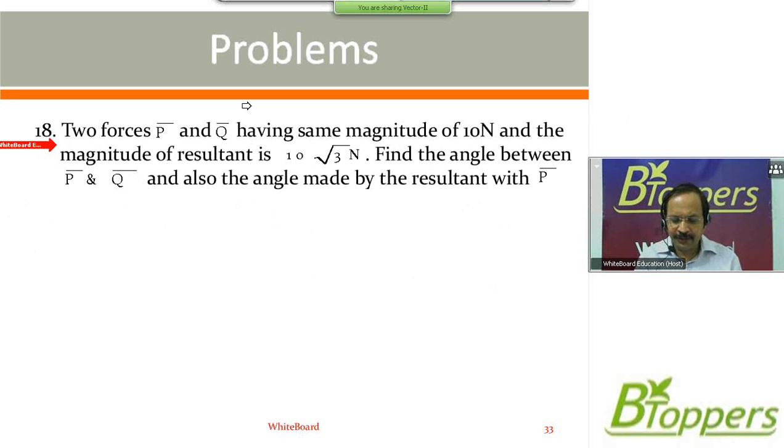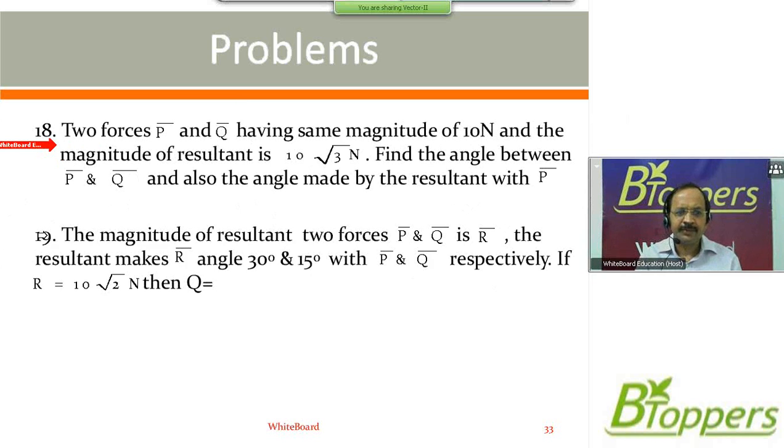Look at the next question on the screen. The magnitude of the resultant of two forces P bar and Q bar is R bar. The resultant R bar makes angles 30 degrees and 15 degrees with P bar and Q bar respectively.